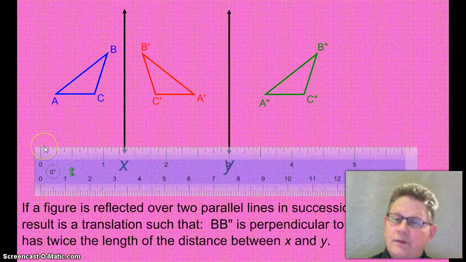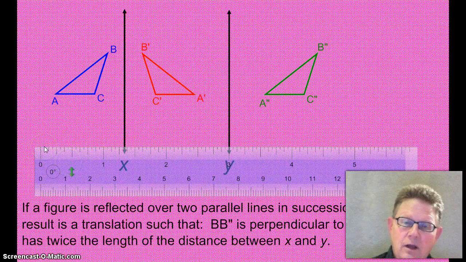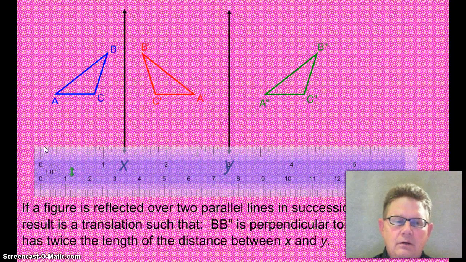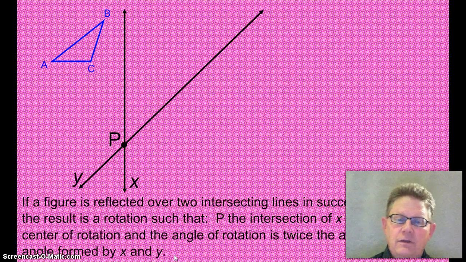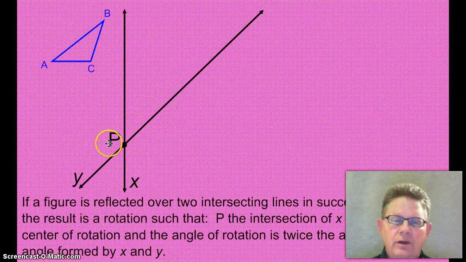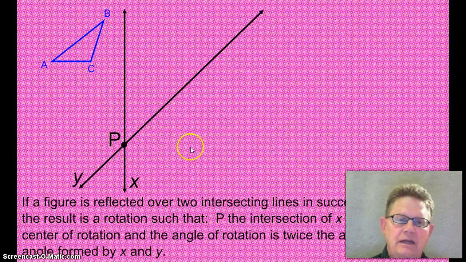And then also another cool thing happens when you double reflect over intersecting lines. If the figure is reflected over two intersecting lines in succession, then the result is a rotation such that P, the intersection of lines X and Y, is the center of rotation, and the angle of rotation is twice the acute or right angle formed by X or Y. So if X and Y intersect at a right angle, then the rotation would be 180 degrees.